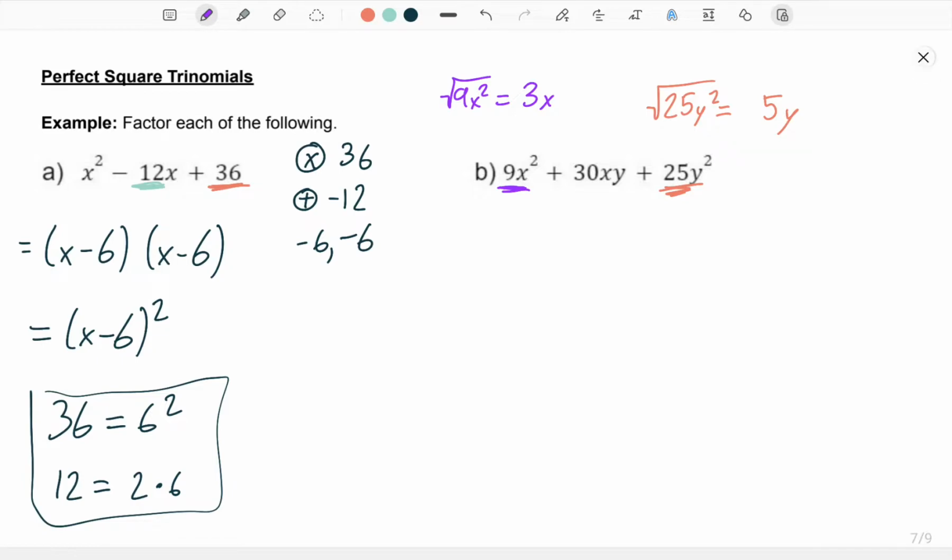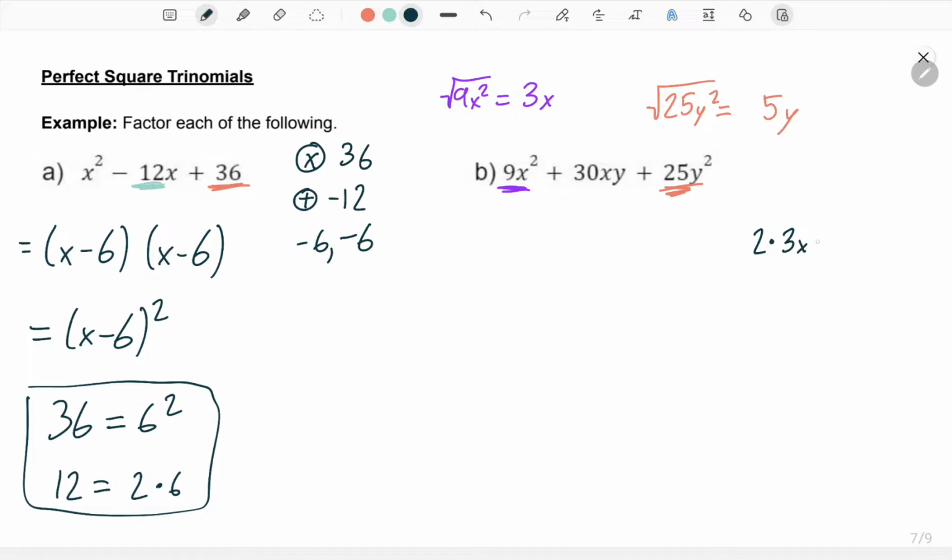Last time I'd said 2 times 6 is the middle term. Well, now what we can do is 2 times both the first and the last square roots, let's call them. So 2 times 3x times 5y.